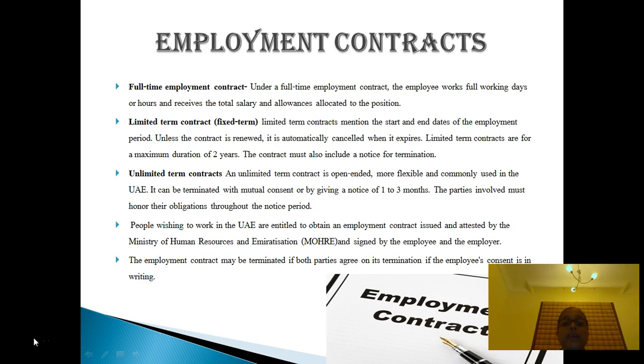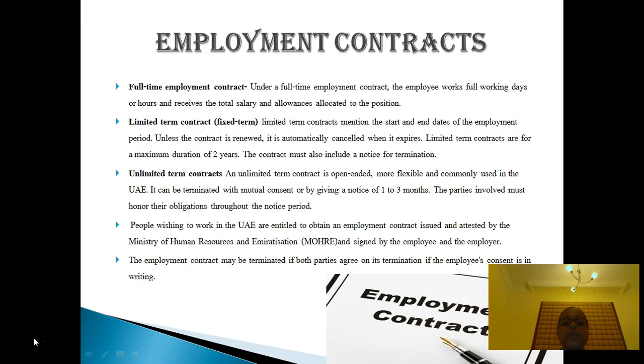Unlimited term contract. An unlimited term contract is open-ended, more flexible, and commonly used in the UAE. It can be terminated with mutual consent or by giving a notice of 1 to 3 months. The parties involved must honor their obligations throughout the notice period.